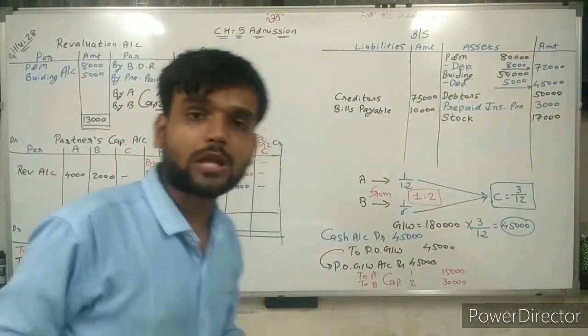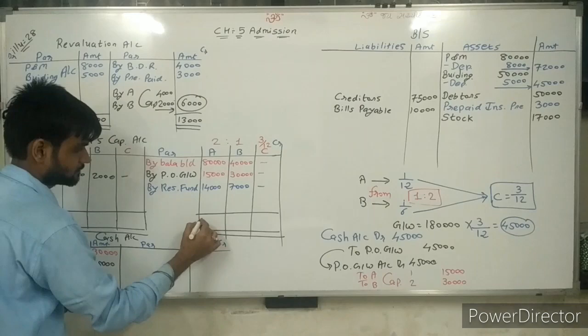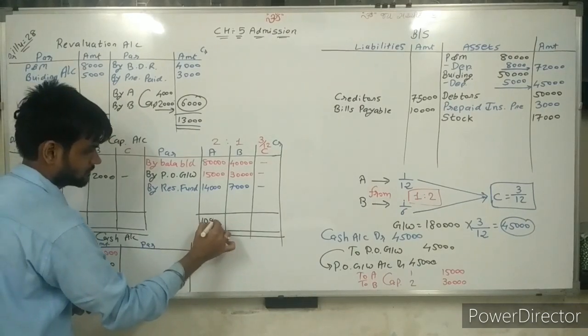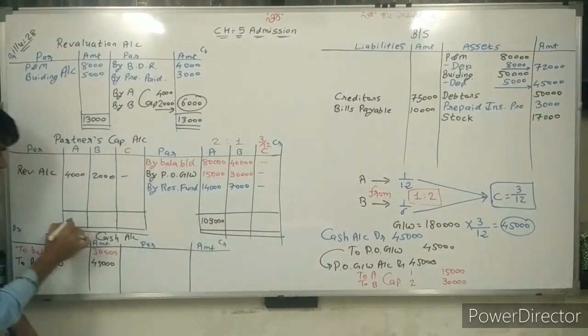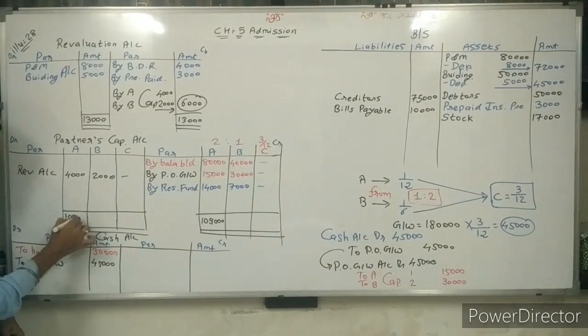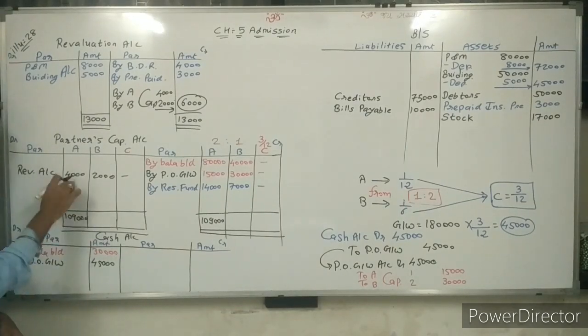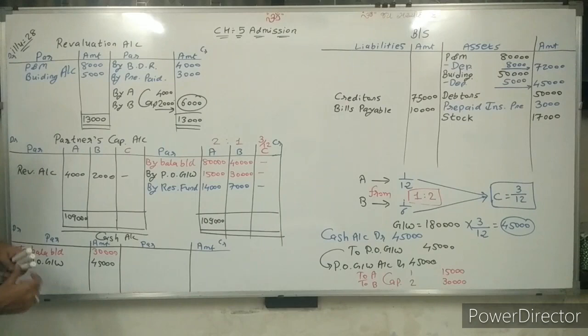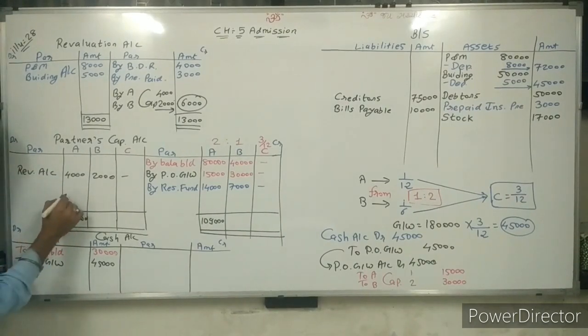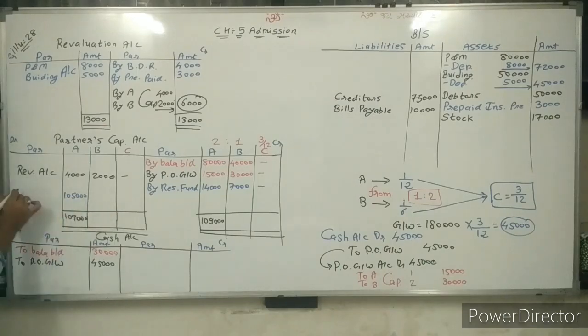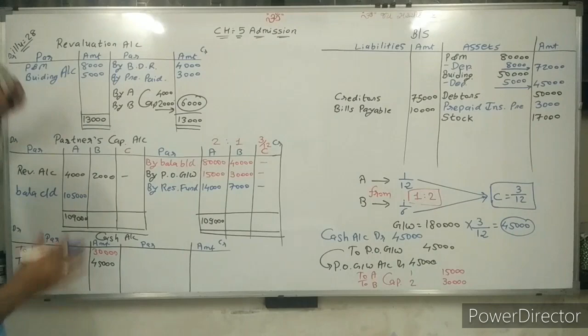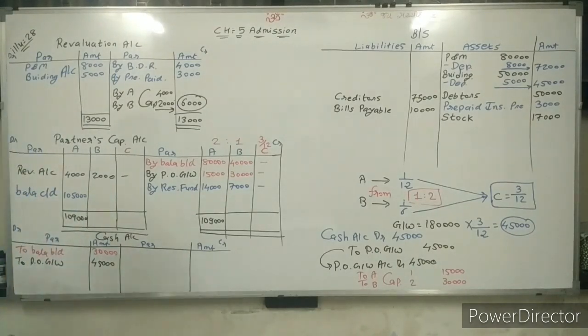Our answer is 109,000. Here also we are writing 109,000. Deducting 4,000, we are getting balance 105,000. Balance carried down, that we know.